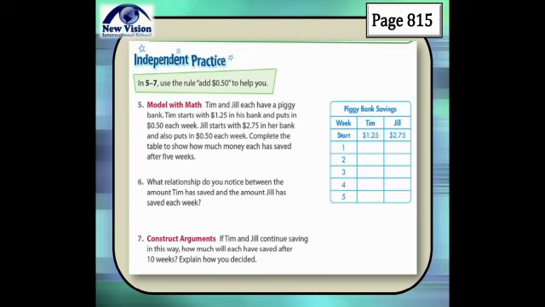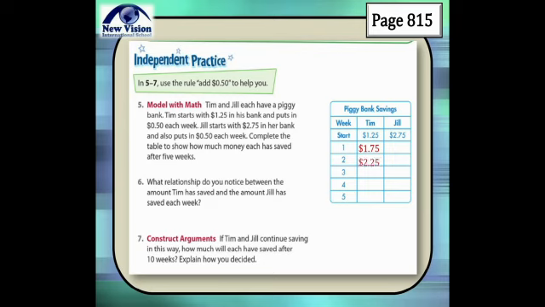Okay, so we have a table here. Let's start with Tim's savings first. He started with $1.25, so we will add $0.50. 1.25 plus 0.50 equals 1.75. And then 1.75 plus 0.50 equals 2.25.